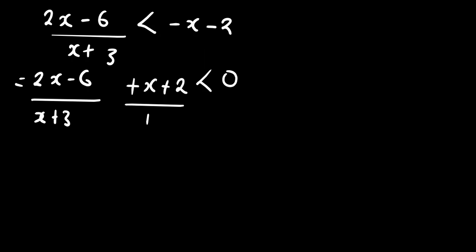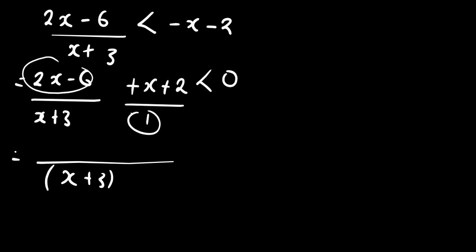Then we're supposed to merge the fractions. Our common denominator will just be x plus 3. Then we're going to do this multiplied by 1. It will just be that same expression, 2x minus 6.